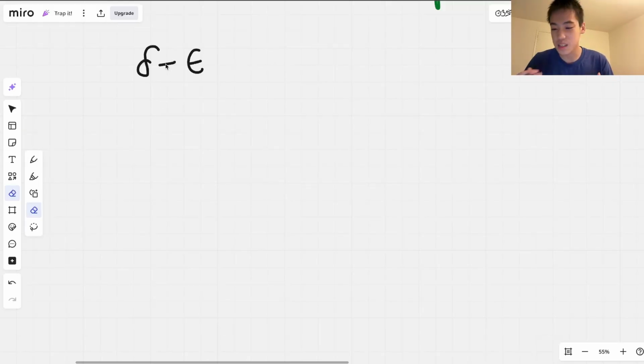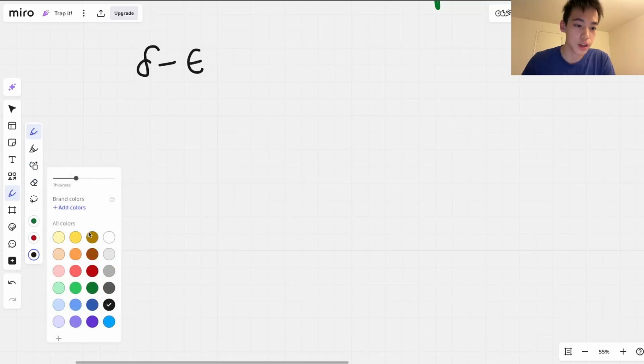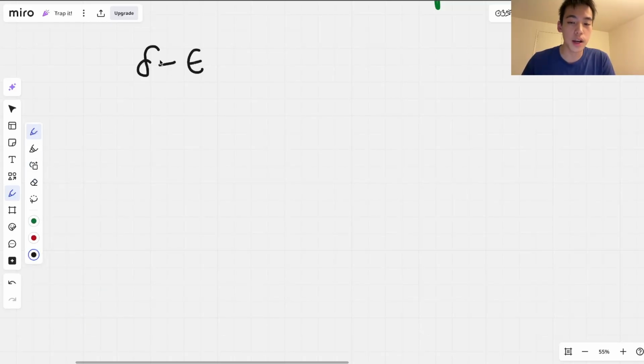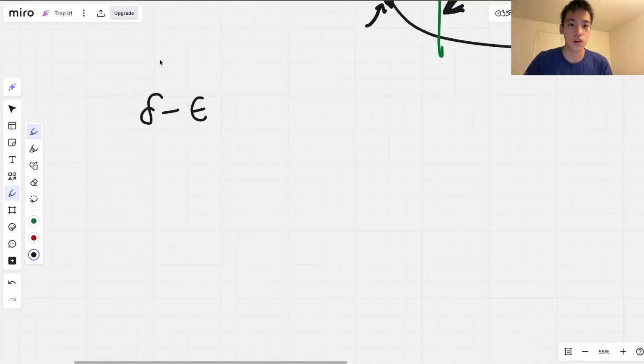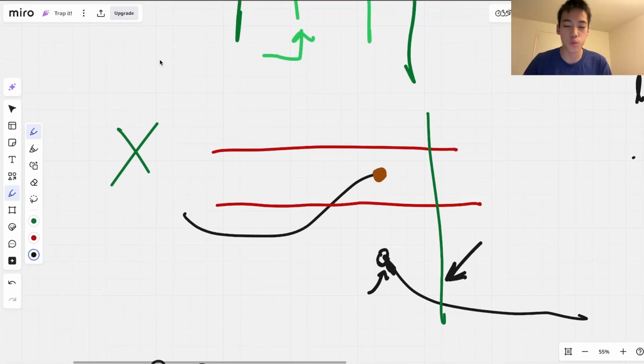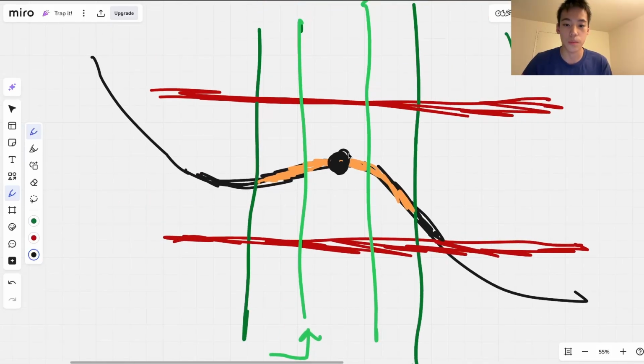Let's place down some symbols, but we'll relate them to our diagrams above. If we have a function f, and we want to approach a certain x value, I pick points over here, but we're really approaching a certain x value where the function is located.